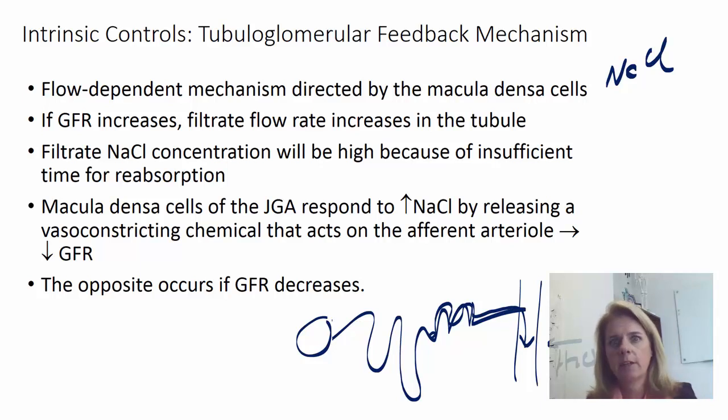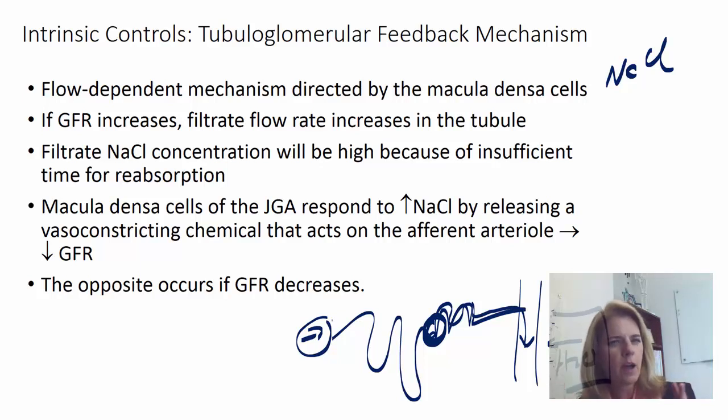You have one more chance. So by measuring the amount of sodium chloride here, it gives you a chance to know what you've got to do. We can increase or decrease the filtration rate, and then the endocrine system can jump in and help us with holding on or releasing more water.